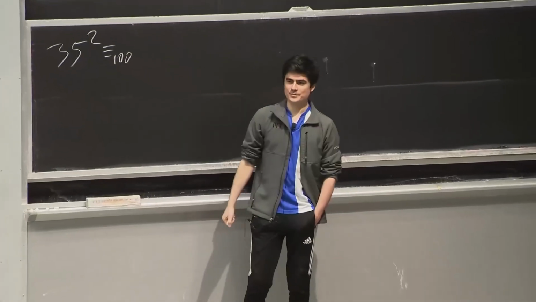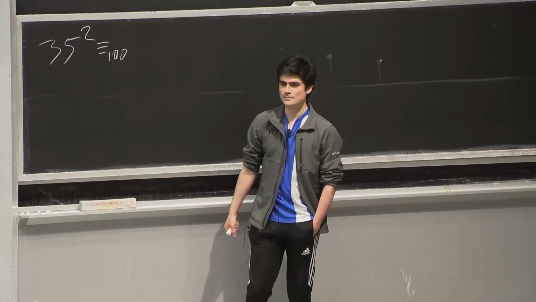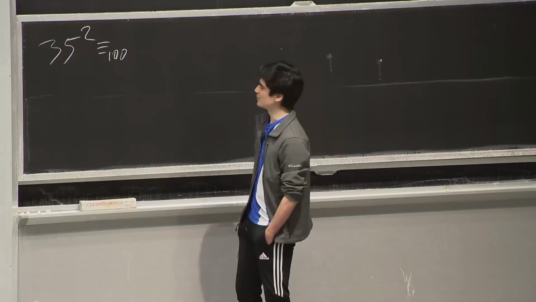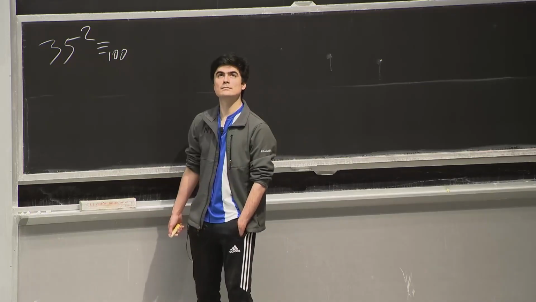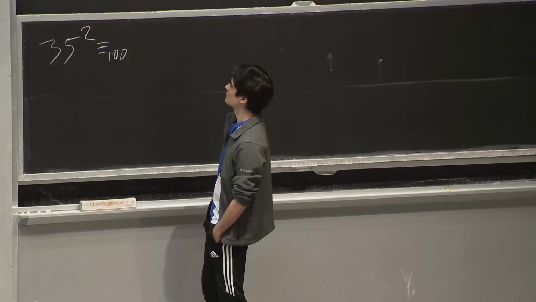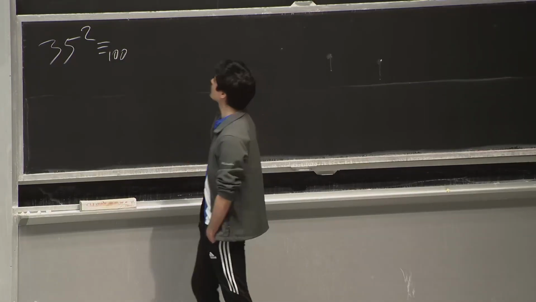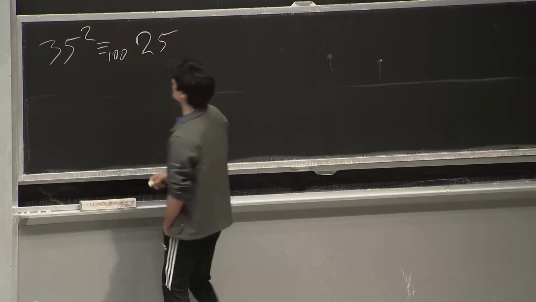What's 35 squared? Well, if we actually compute it, it'll be 1225, right? I think. Is that right? 1225. Okay. So that's going to be congruent to 25.